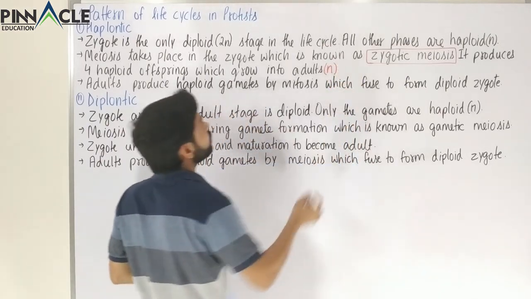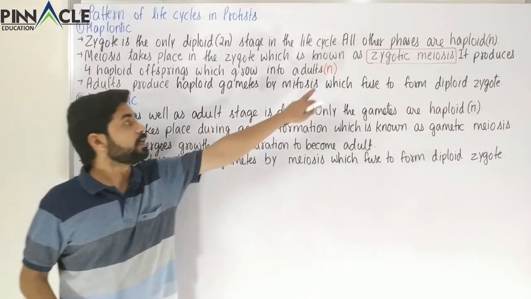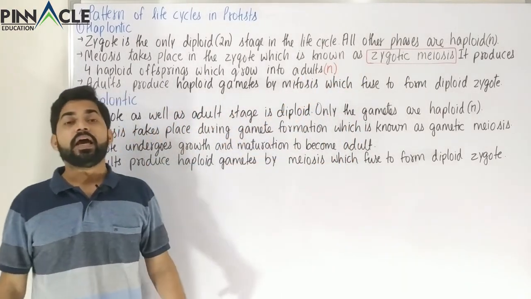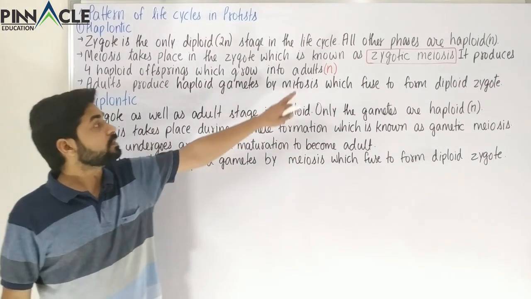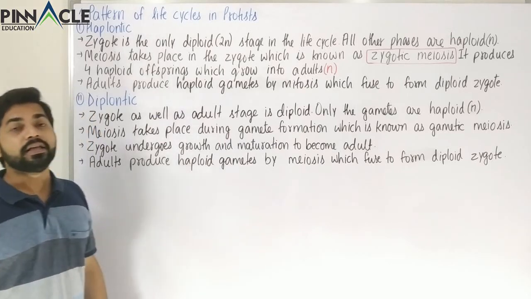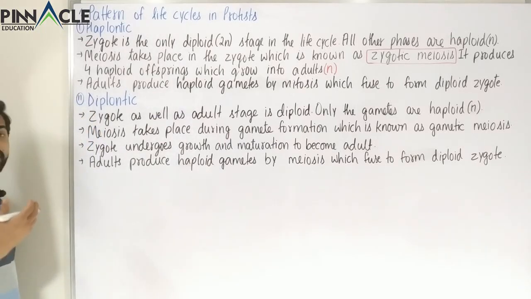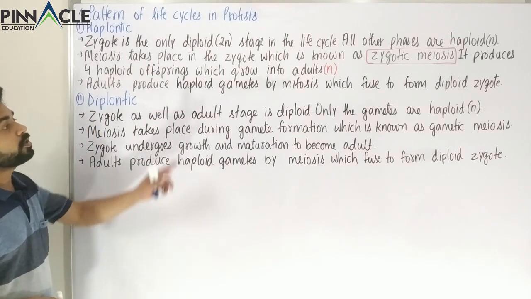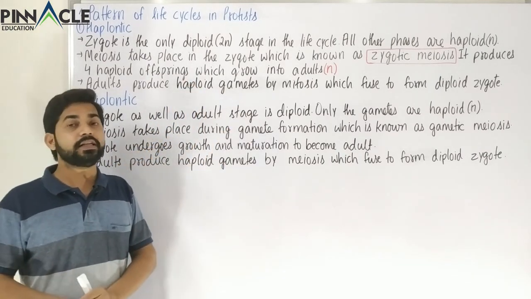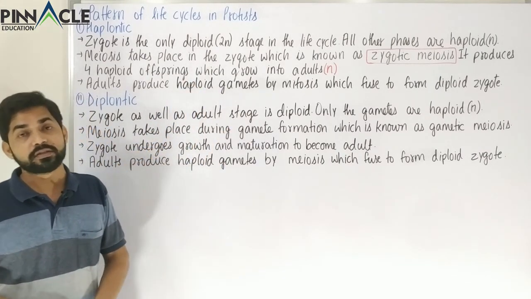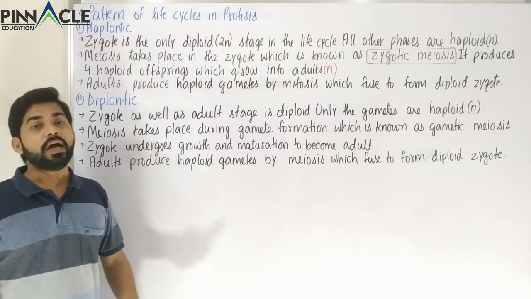This adult is producing gametes, and for the production of gametes some cell division will have to occur. The adult will produce gametes with the help of mitosis, not meiosis, because the adult is already haploid, and haploid cells generally do not undergo meiosis, so they only undergo mitosis.